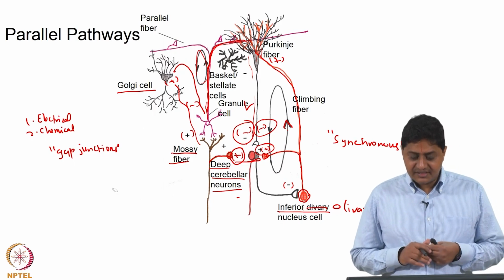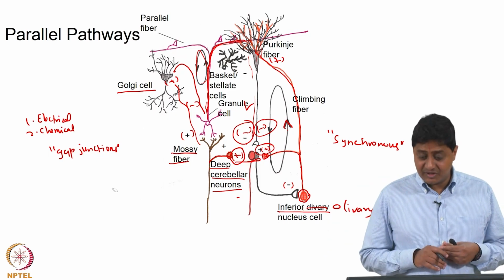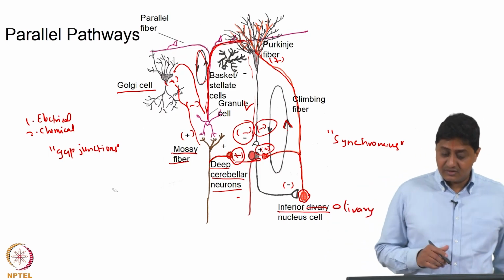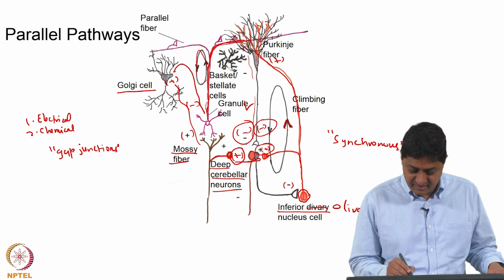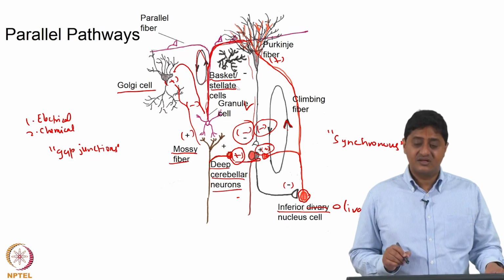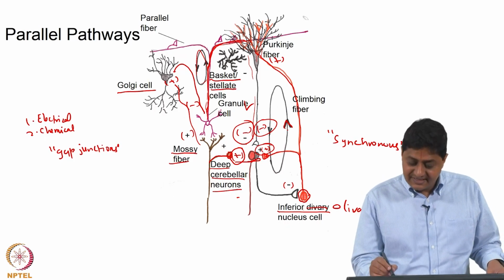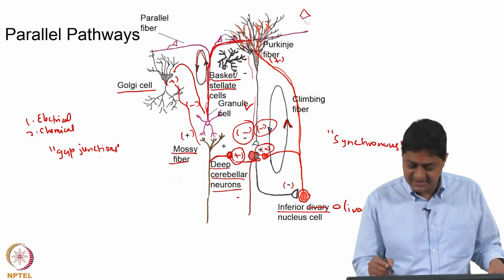What we have not discussed is the case of other inhibitory interneurons. There are two major inhibitory interneurons in the molecular layer. These are basket cells and stellate cells, right. Stellate cells are star shaped cells, that is the reason they are called stellate cells.